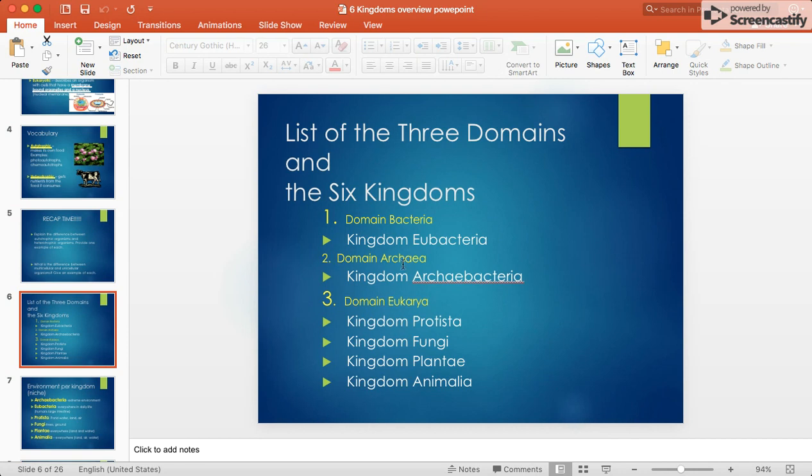The second domain is archaea, and the kingdom inside of that is archaebacteria. And then finally, our third domain is eukarya, and then inside of that, we find our last 4 kingdoms. We have Protista, fungi, plantae, and animalia.